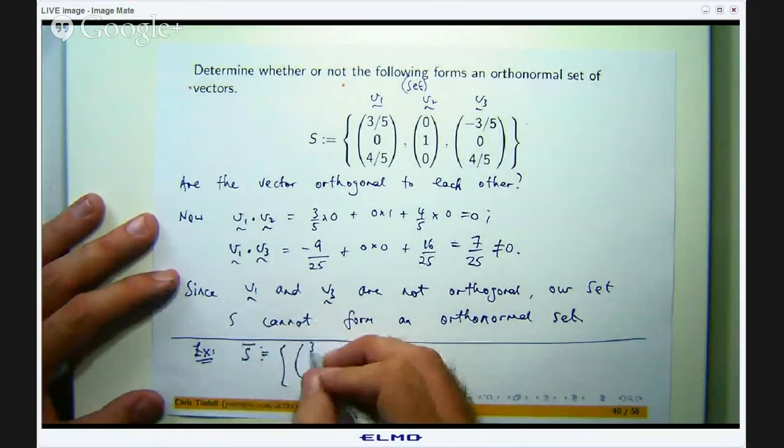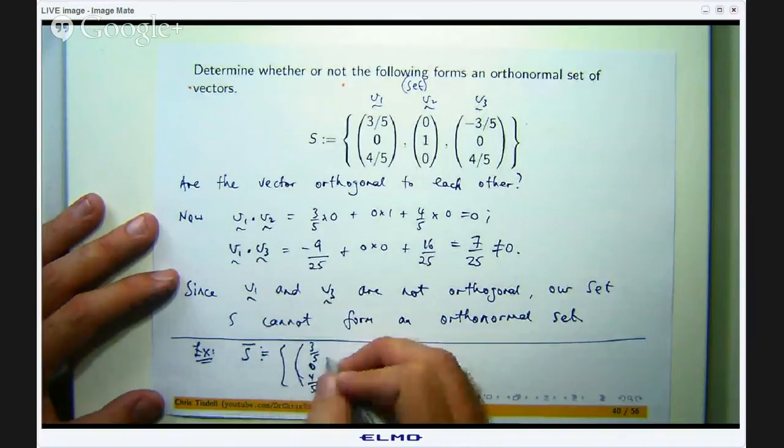So let's say it's pretty much the same set.